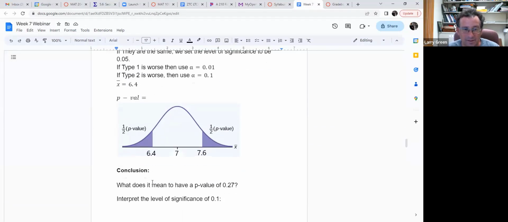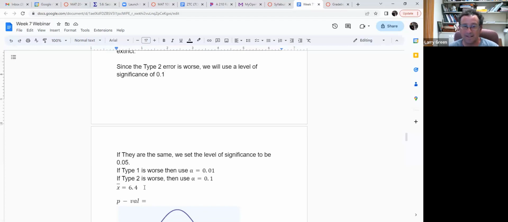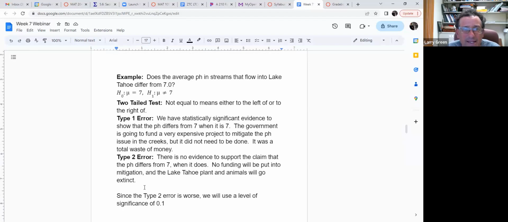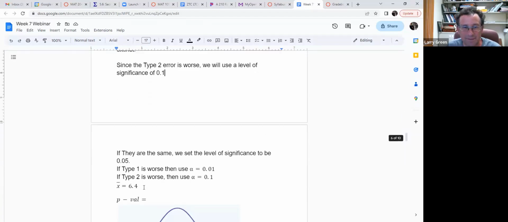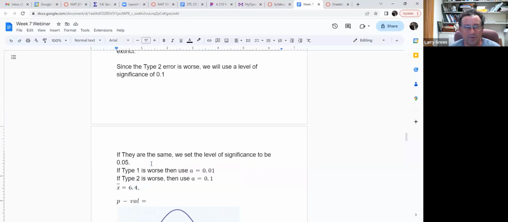All right, so let's go ahead and plug in some data. I don't think I gave all the data in here. I'll make it up. We have X bar was 6.4, and we need some more information.